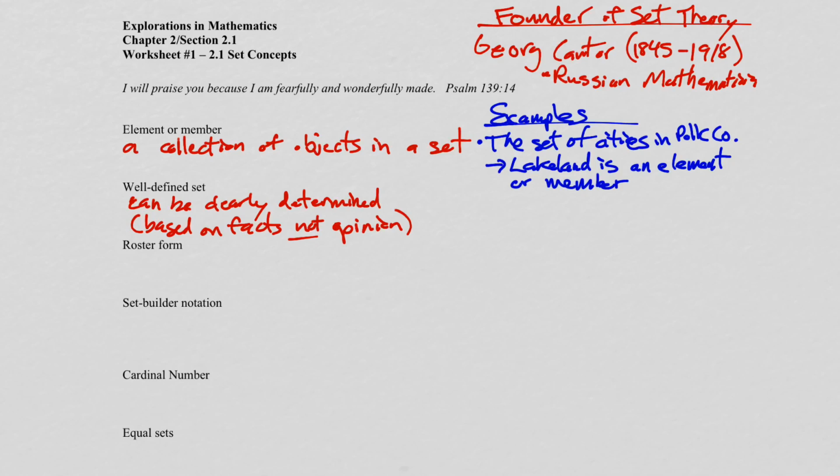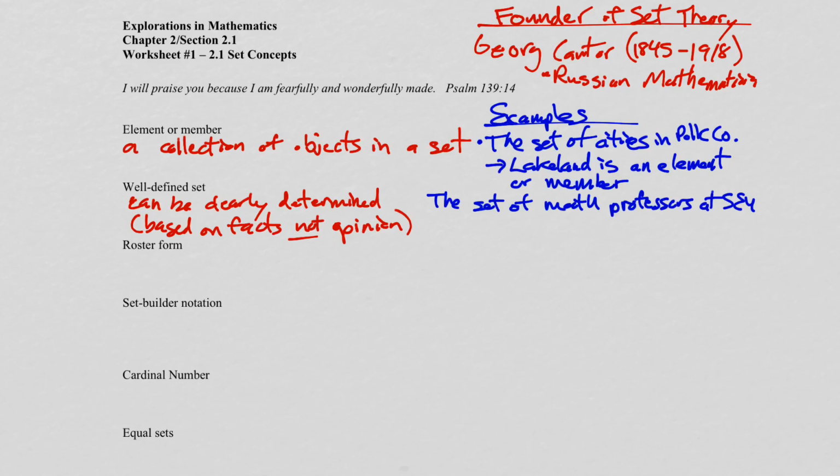So for example, some facts that we can get from Southeastern would be the set of math professors at SCU. We could look that up. These are facts. We can go on the website and look that up.